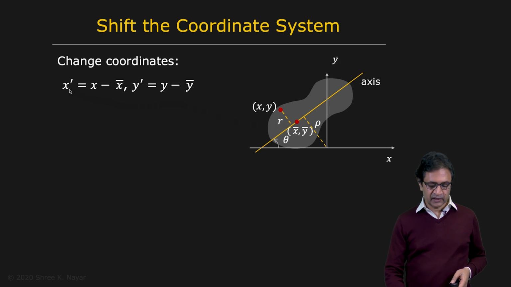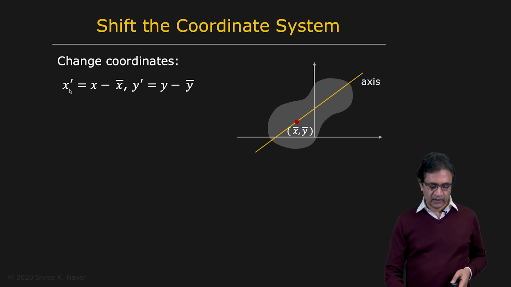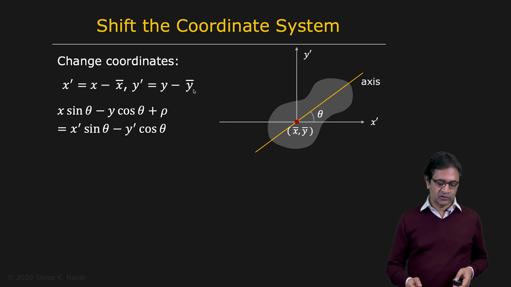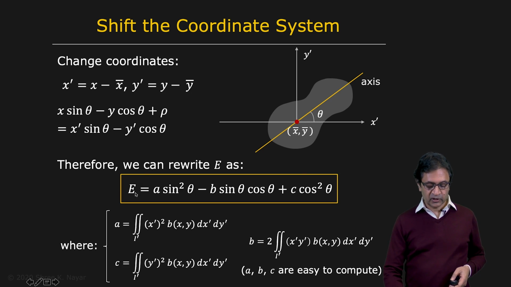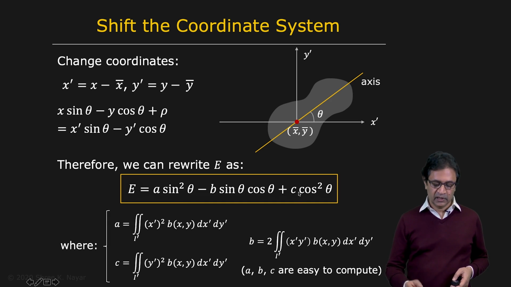So you can define x prime as x minus x bar, y prime as y minus y bar. You substitute those in the straight line equation, you get this, and you substitute that in the equation for E, which is the second moment, you get this very simple expression where A, B, and C are constants. And these constants correspond to these double integrals shown here.